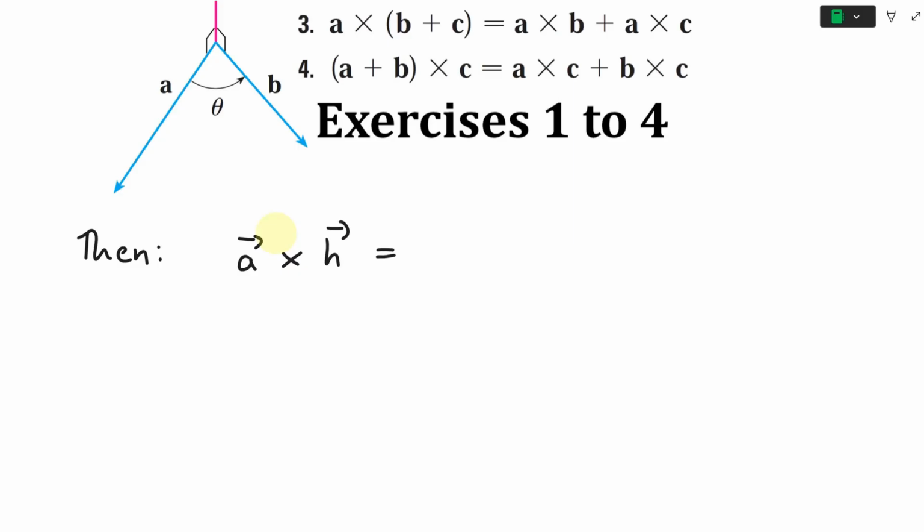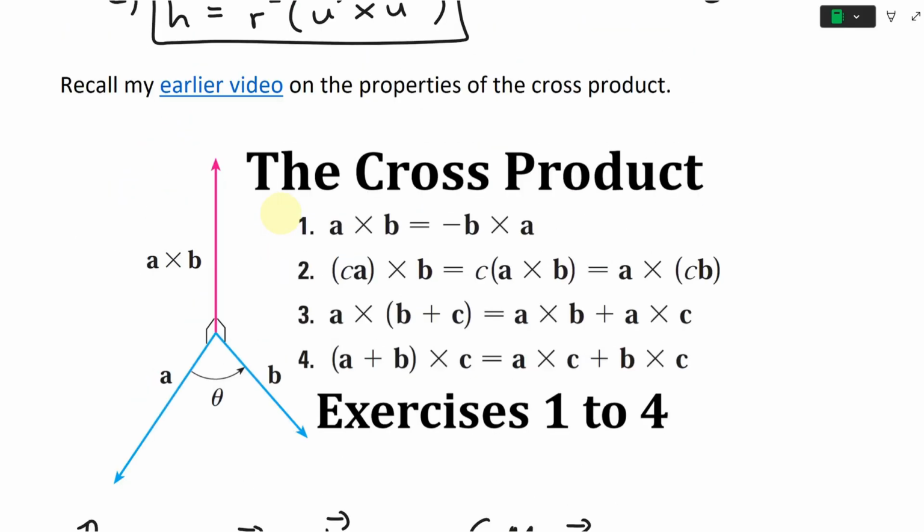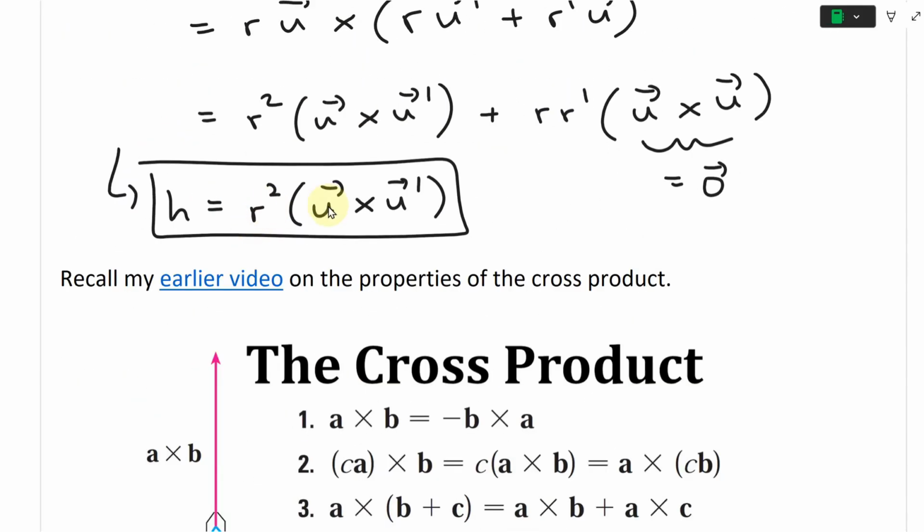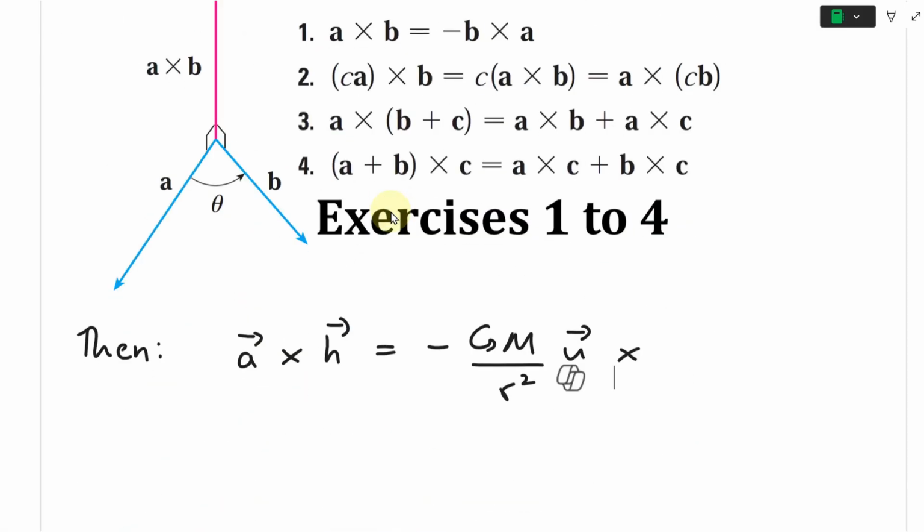This is going to equal, well, we know what A equals, negative GM, and then it's going to be r cubed r, but I'm just going to write it in the other format, r squared u vector, like that. And now we're going to do a cross with h, and h is just this whole setup here, r squared, then u cross u prime. All right, so this is going to be a r squared, and now it's going to be a u vector cross with u prime vector, like that.